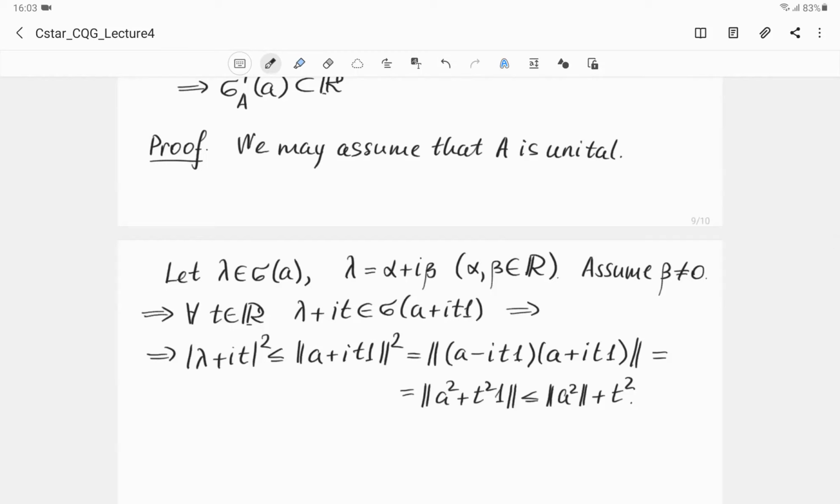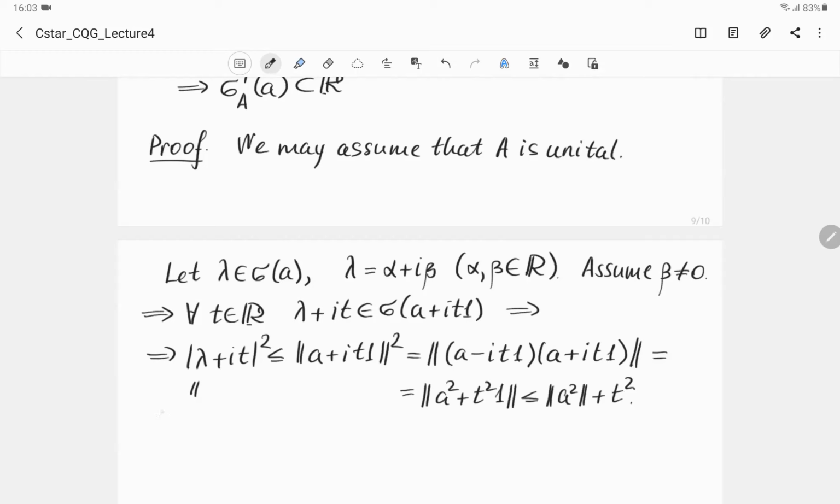Okay, now let's look at the left-hand side of this inequality. What is lambda plus it? This is alpha plus i times beta plus t. So the square of the absolute value of this is the sum of the squares of the real part and the imaginary part.